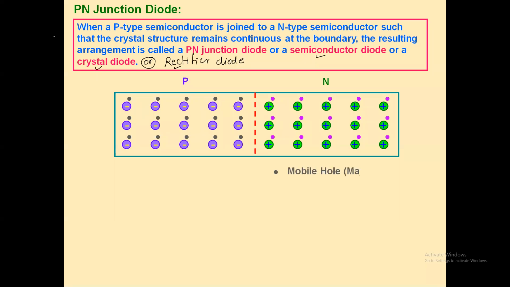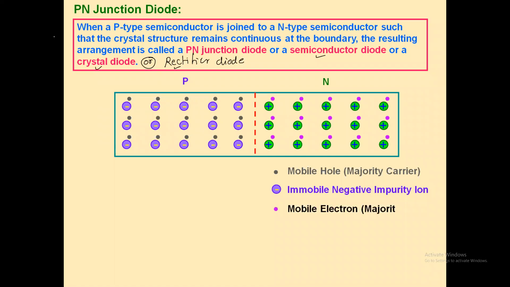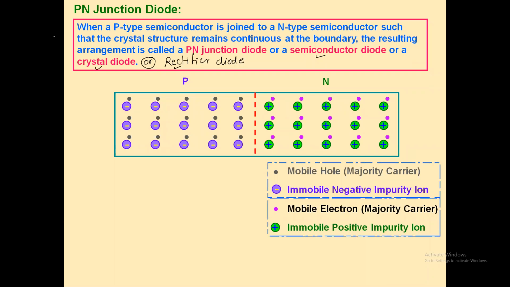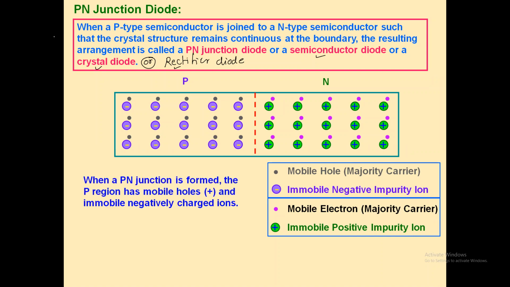Okay, and this black circle is a hole, which is a majority carrier in the P region, along with the immobile negative impurity ions present in the P region. Then the pink circles are the electrons, the majority carriers in the N region, and the positive immobile impurity ions are here. When a PN junction is formed, the P region has mobile holes and immobile negatively charged ions, and the N region has mobile electrons and immobile positively charged ions.